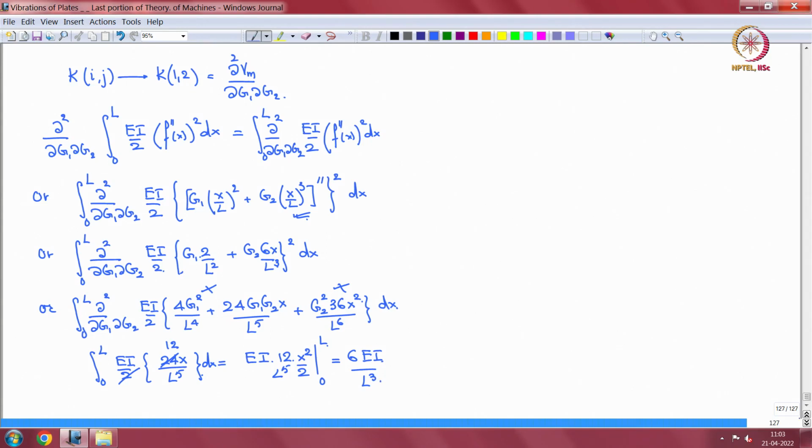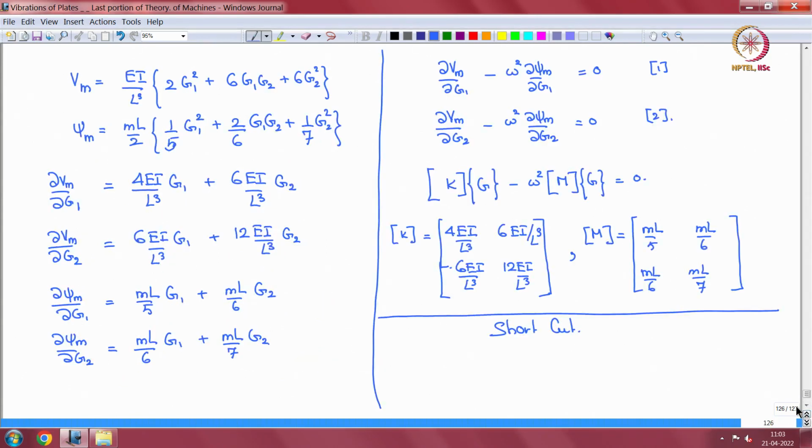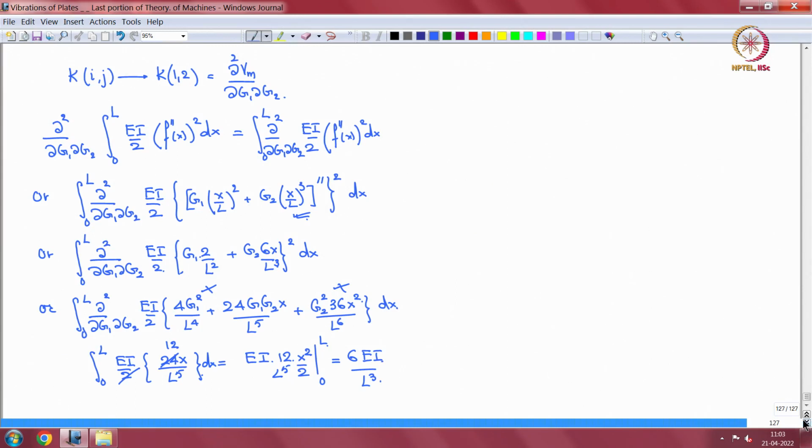This is K12. So if you remember, K12 was this. Similarly K21. Okay, so that's how. Just this derivative gives you the K12. That was the whole idea.